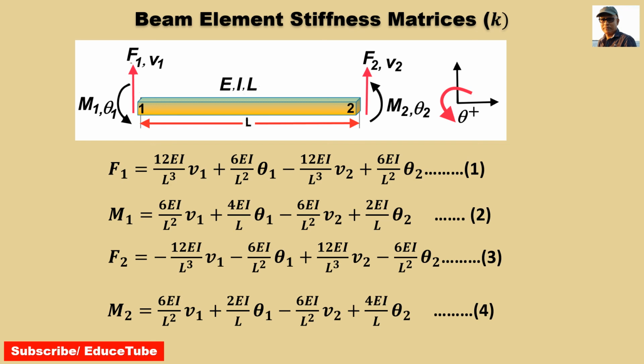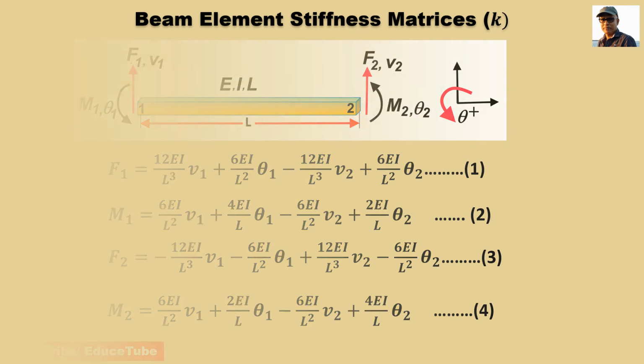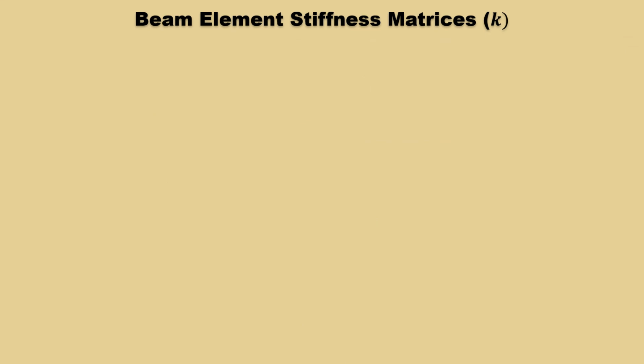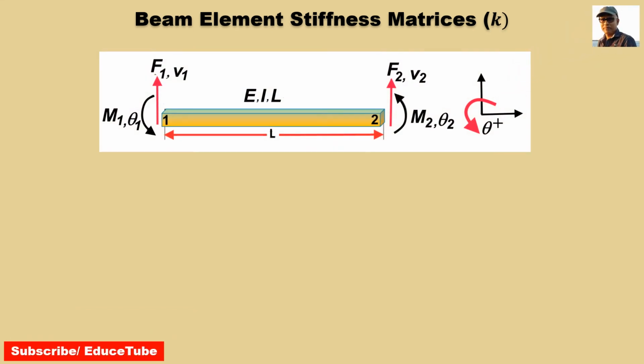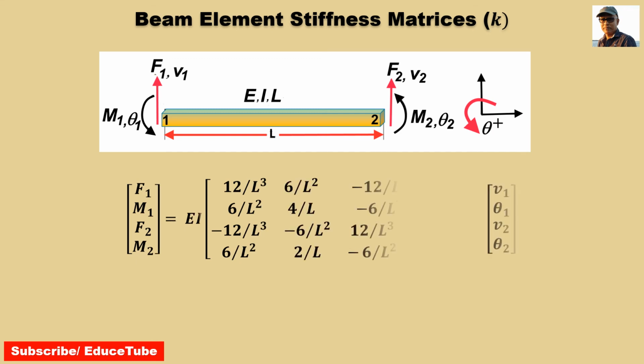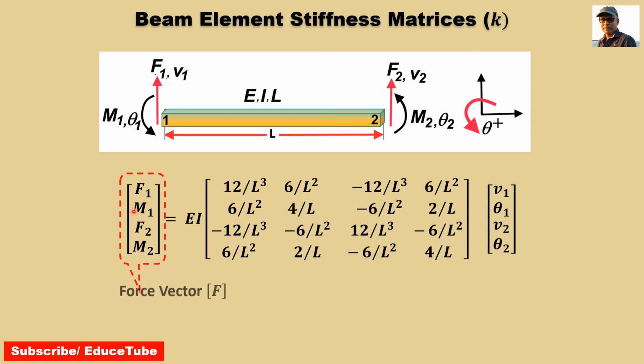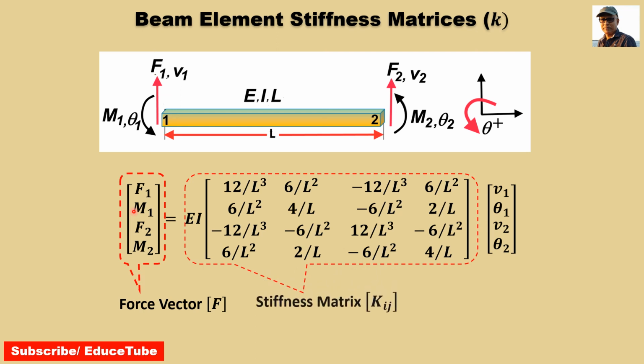Now, let's see how to write it in matrix form. That's the point. We got this, this is actually the force vector. Then we got this, this is the stiffness matrix.